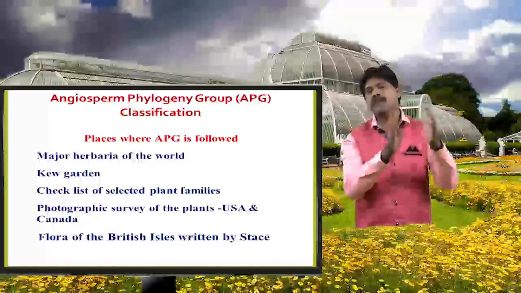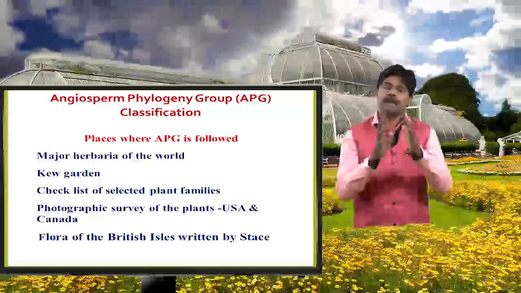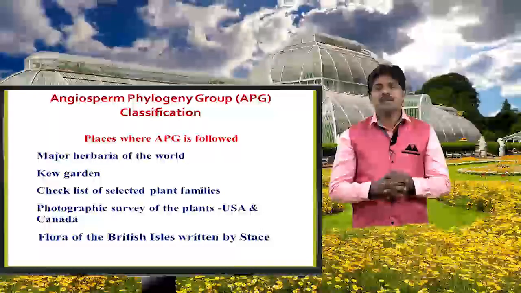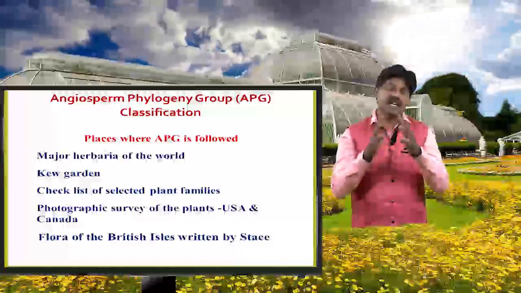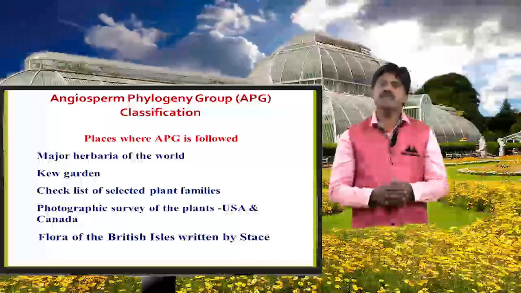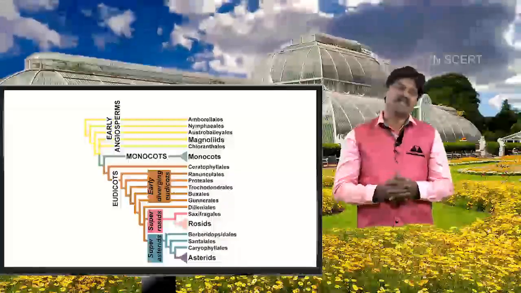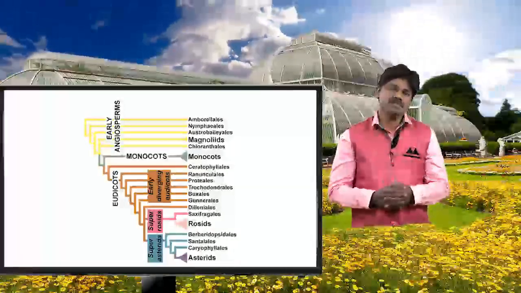So Kew is also updated to the APG, and USA and Canada plants are updated to the APG. Then the Flora of the British Isles written by Stace is also updated to the APG. Some of the important plant families are also updated to the APG.